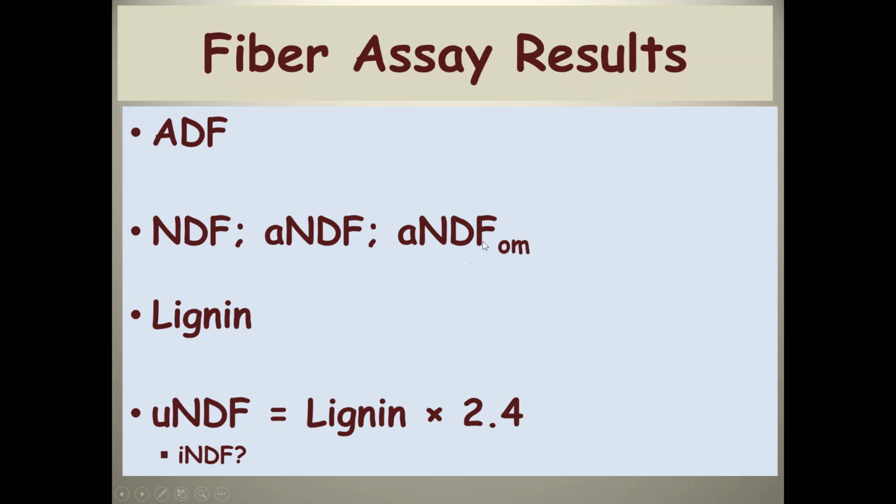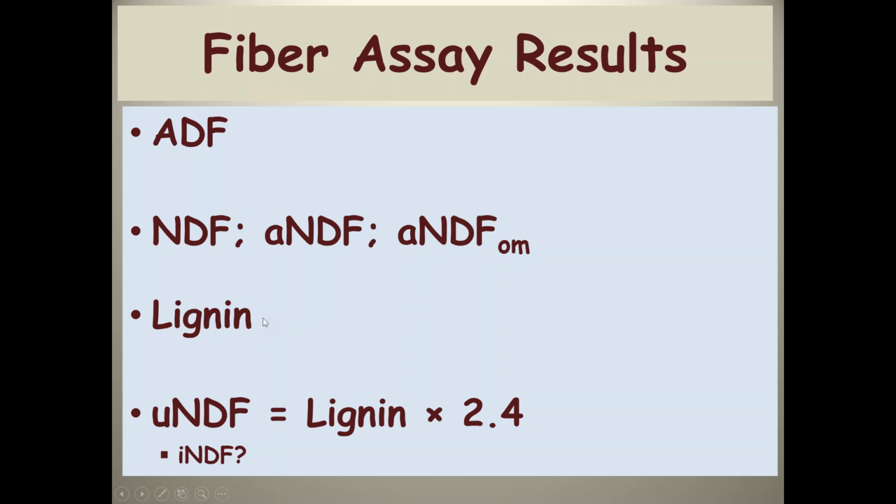We'll talk about that in a little more detail, but unfortunately for now I see a lot of reports that have NDF, aNDF, aNDF-OM. All three of those will be slightly different, maybe only different by a couple percentage units, but I think the industry is moving to the far right-hand side of the slide, or to the aNDF-OM.